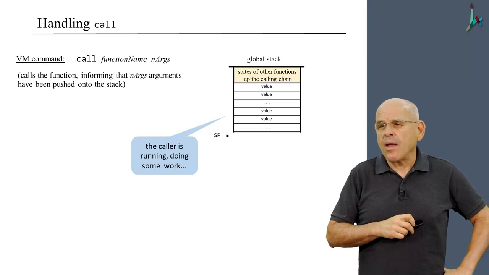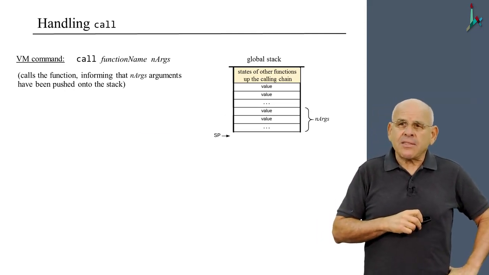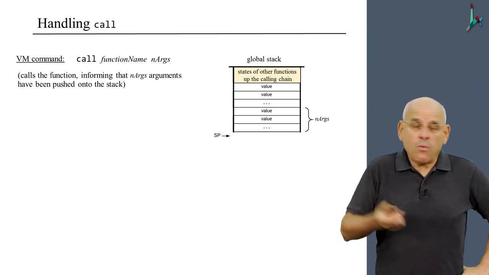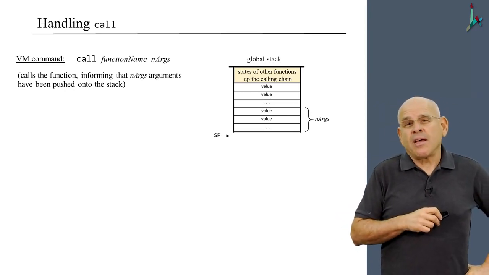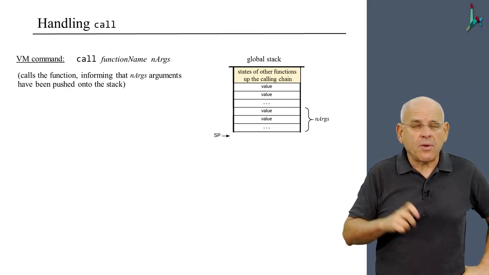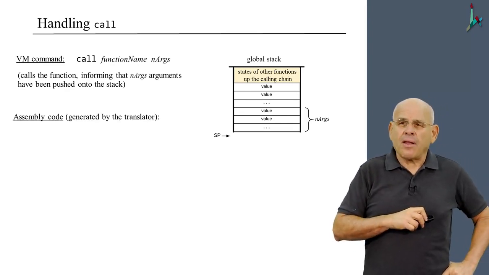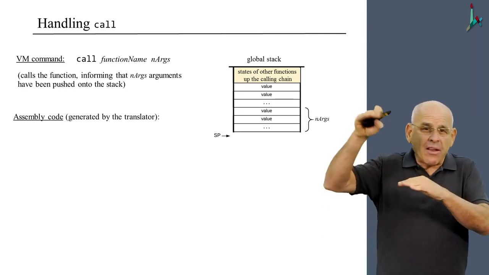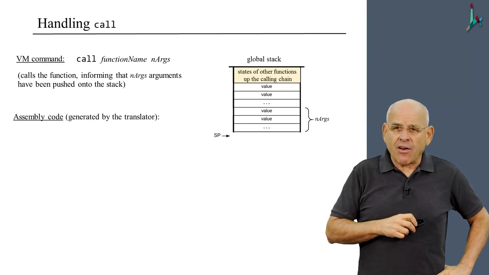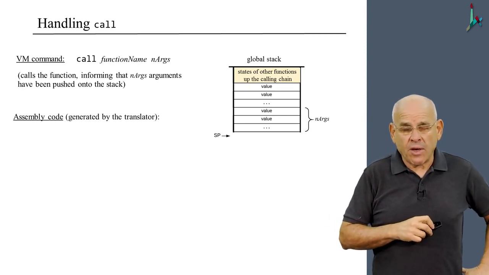What do we do? Well, since the call command includes the nArgs parameter, we know exactly how many arguments have been pushed before, right? nArgs. So we know how many of the values on the stack should be treated as arguments. And here is what I do.